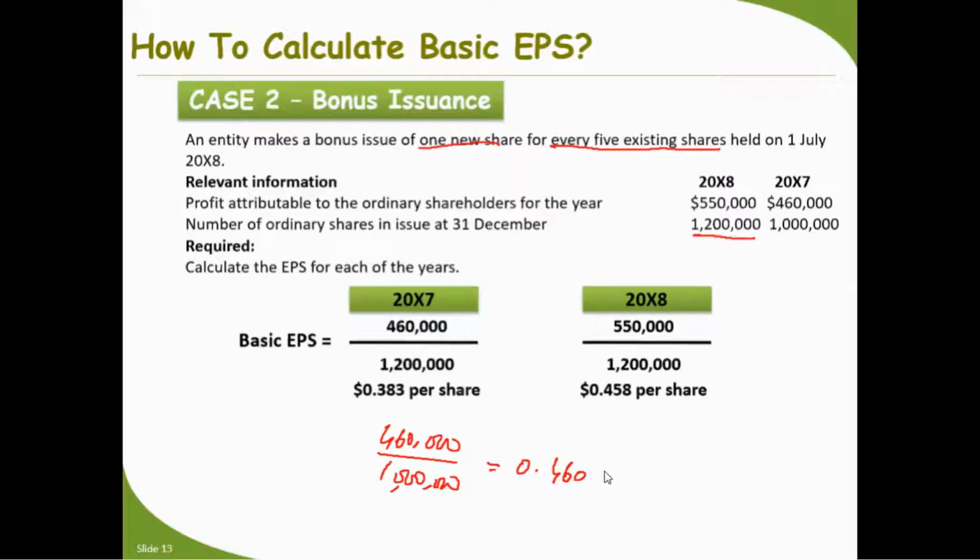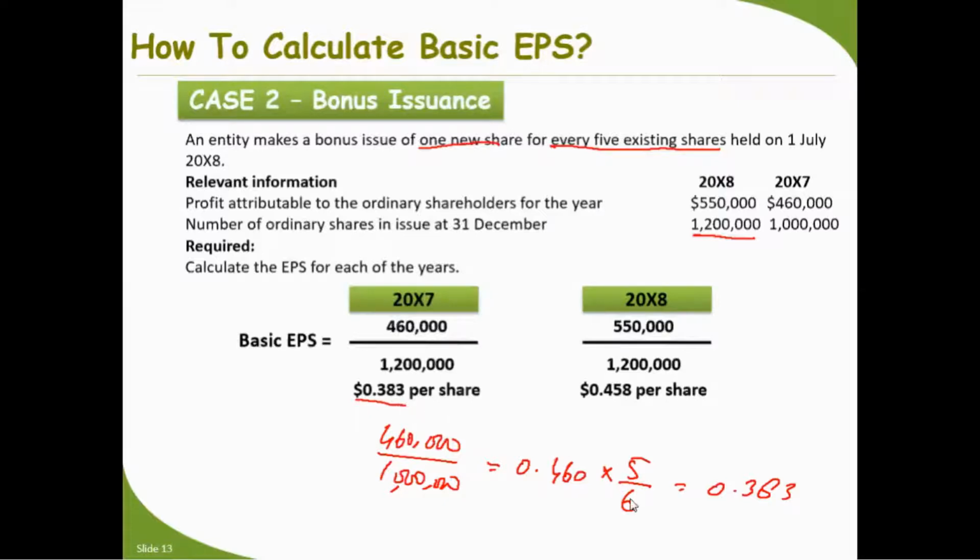That is 5 by 6. Now, 0.460 divided by 6 times 5 equals 0.383.